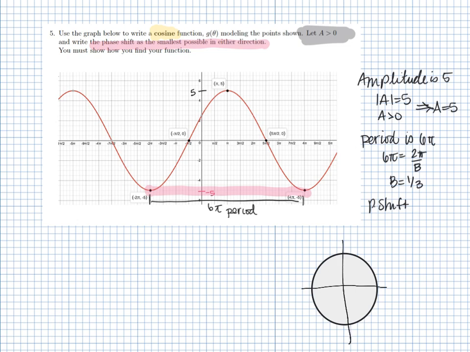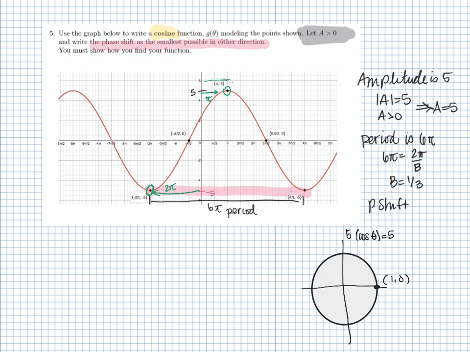We know that at 0, our cosine function is going to have a value of 1. So we know that 5 cosine 0 is going to be 5. But in fact, what we know is that we have a value here and a value here. We can see, I hope, that this distance is pi, while this distance is 2 pi.